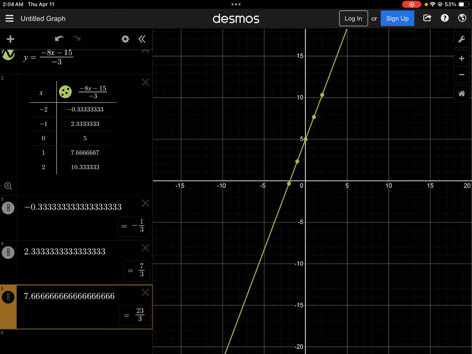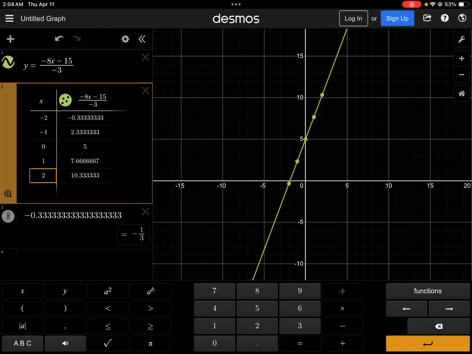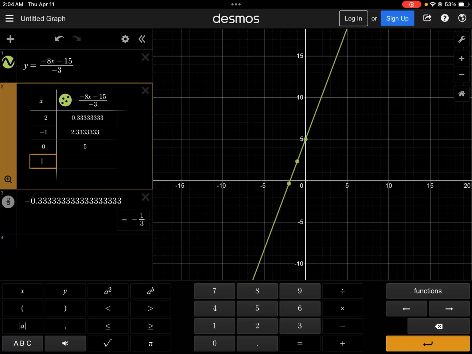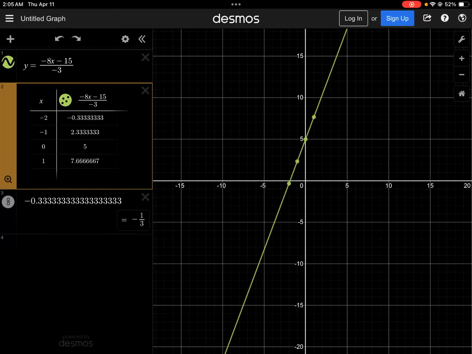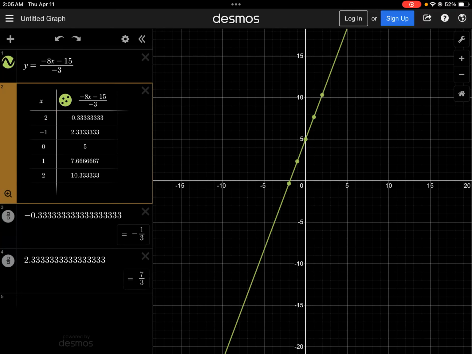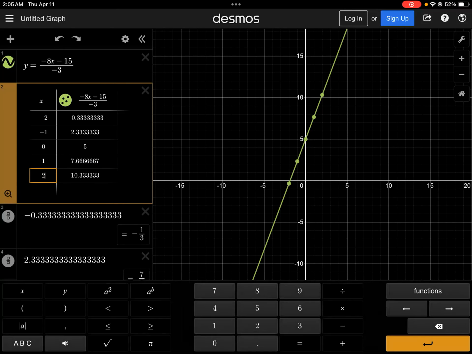Okay, now which points should I choose? Well, I only need 2. So I'm gonna get rid of some of them. I'll keep the 0, that goes to 5 for sure. Let's get rid of the negative 1. In general, the best practice is to always keep the 0 and 1.